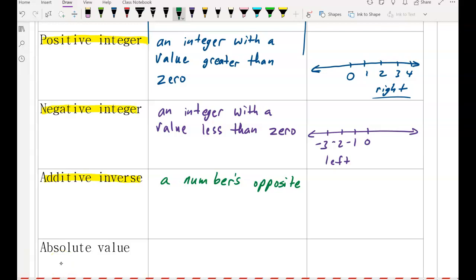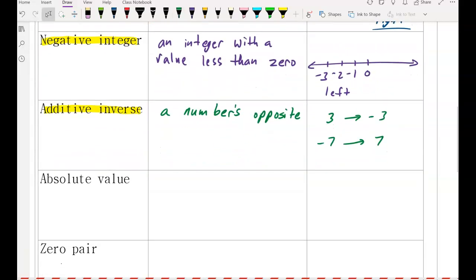For example, if you had the number 3, that number's additive inverse would be negative 3. And if the number was, say, negative 7, that number's additive inverse would be positive 7. See, additive inverse. It's just a number's opposite.